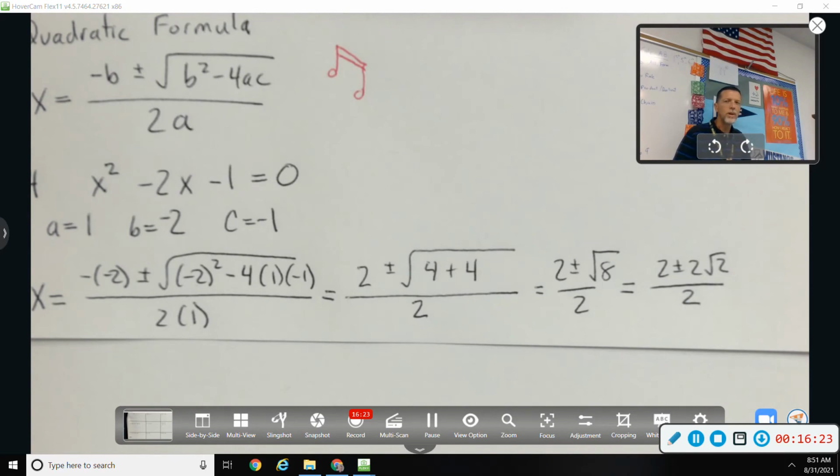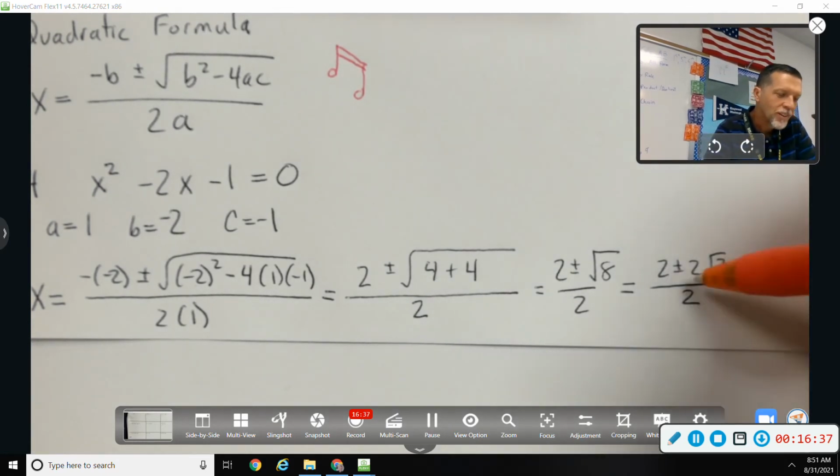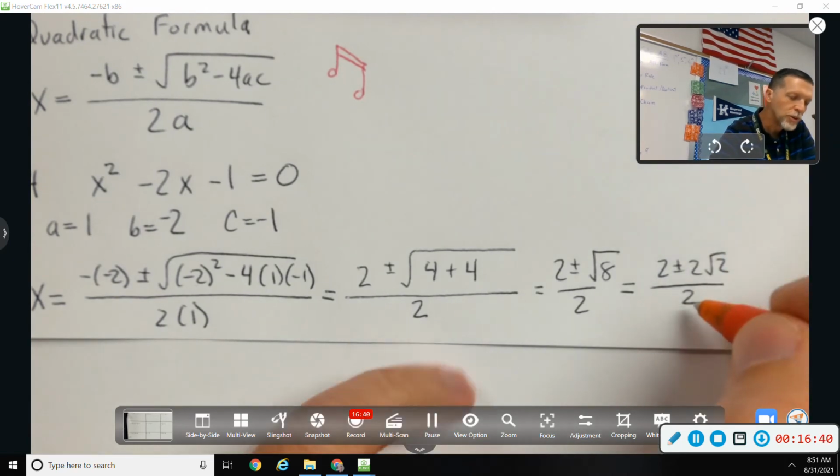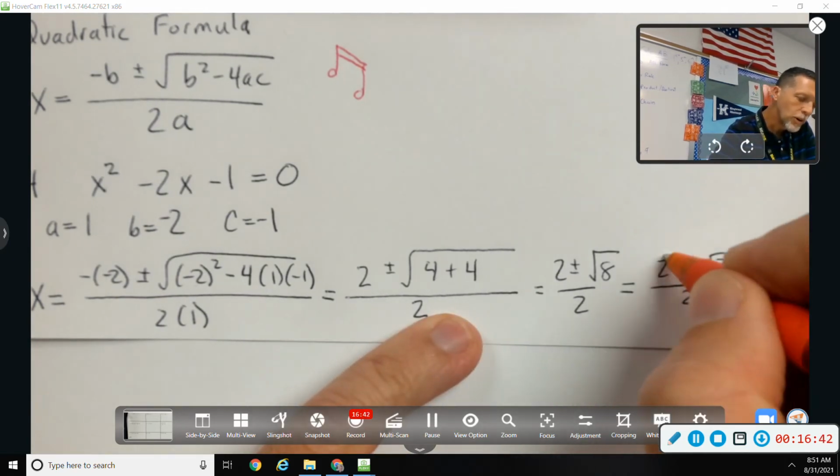Now, who gets to cancel here? The 2's. That's not very descriptive, though. The 2 on the far left. Good. All the 2's except for the one in the square root. Stuff that's not in a square root is eligible to cancel, since 2 will go into everything.